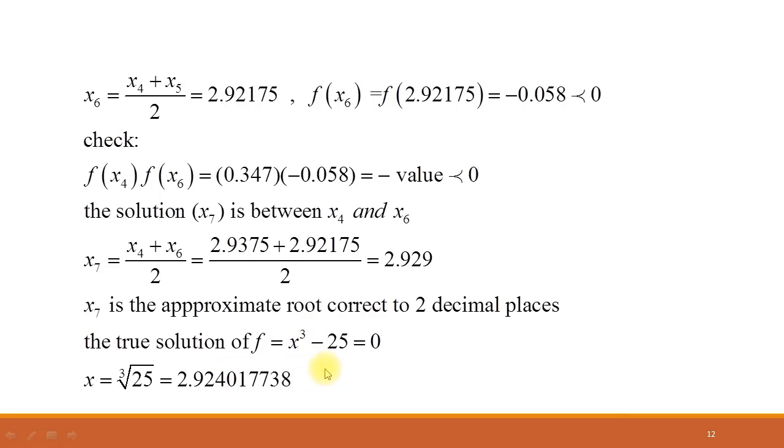And we can find the errors between this approximate result and this exact result. To find the absolute error, subtract this approximate root from this exact result, and we obtain the error between the approximate root and the exact root. And this is the end of this segment.